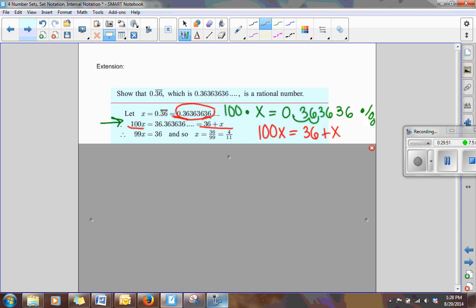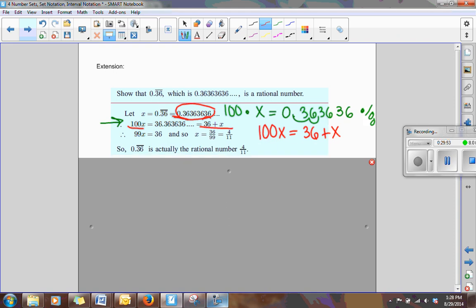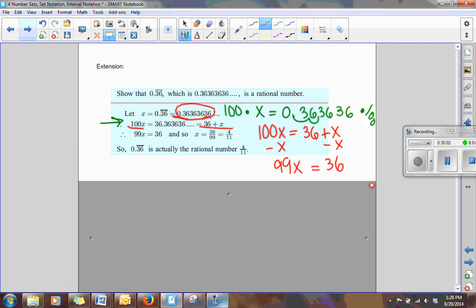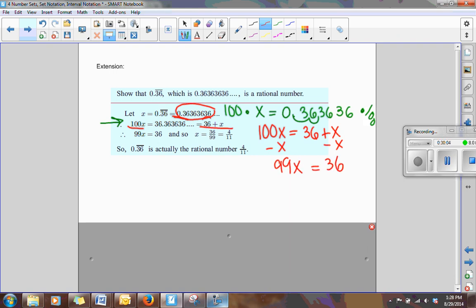Okay, so if we solve that equation now, so if we have 100x is equal to 36 plus x, we're going to minus x to the other side. So minus x, we get 99x equals 36. Okay, and if we solve for x, we're going to get this. X is going to be equal to 36 over 99 if we divide both sides by 99, right?